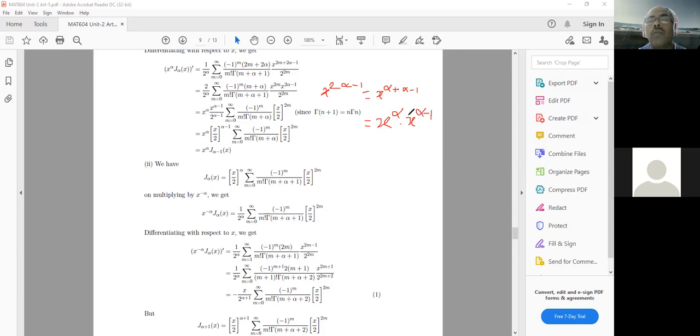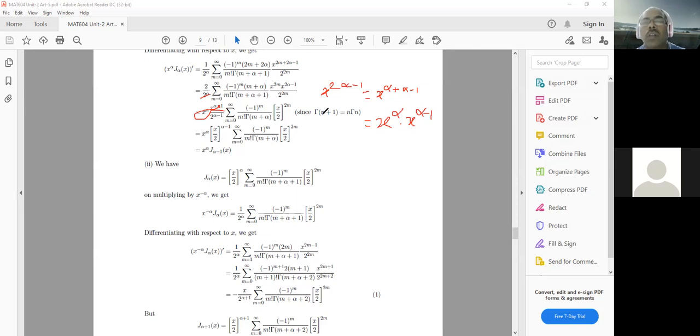We take x to the power alpha and x to the power alpha minus 1 outside the summation, as I have written. And 2 upon 2 to the power alpha, one of the two vanishes, and what remains is 2 to the power alpha minus 1. So you just play with the laws of indices and you will get it.